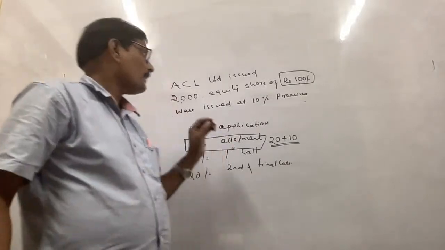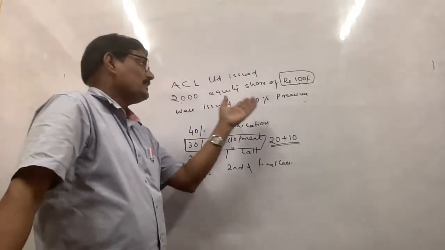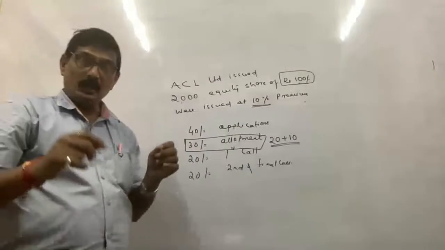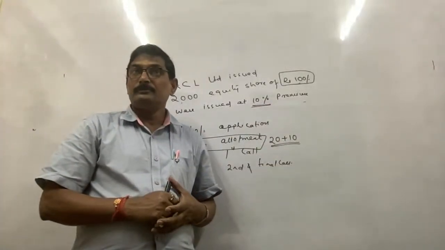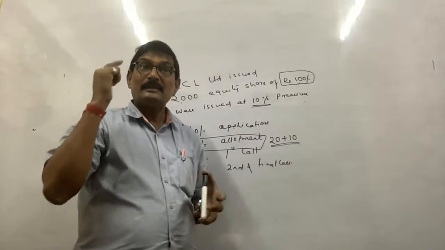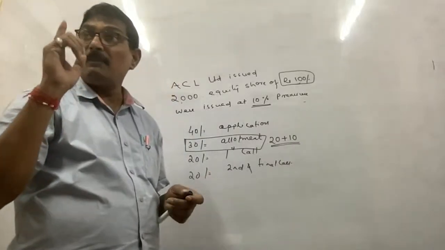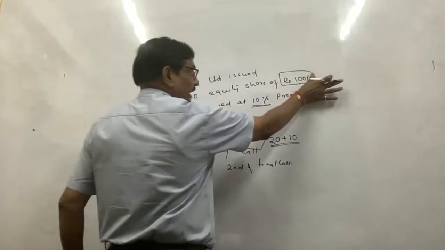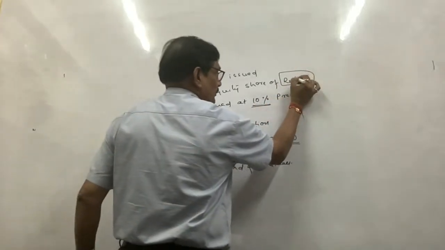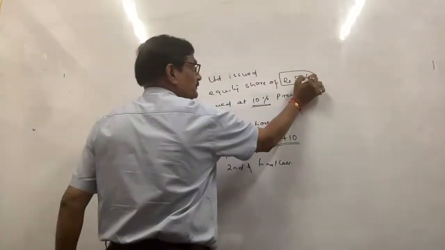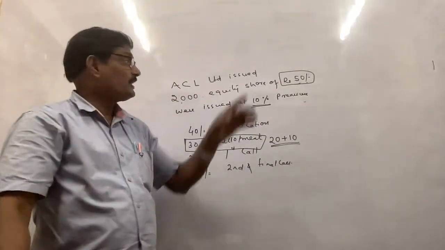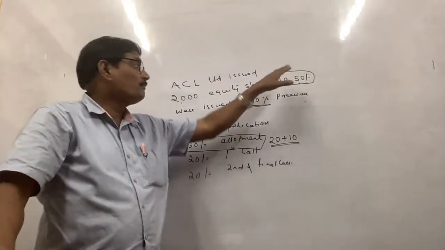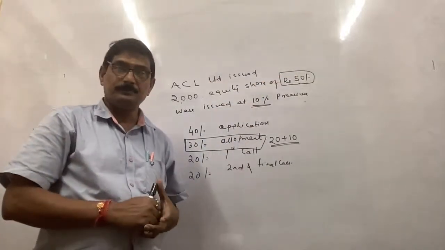One more thing. We are very much conversant with using 10, and usually we know 10% means 10 rupees. That is our mindset. Sometimes in the questions, instead of 100, suppose the question says it is 50 rupees. And it has been seen the student used to write 50 plus 10, 60 rupees.